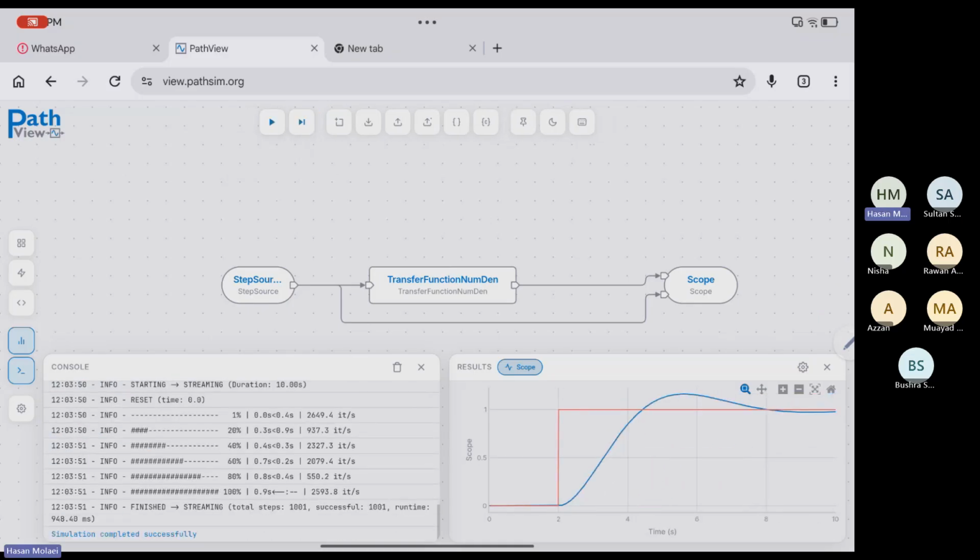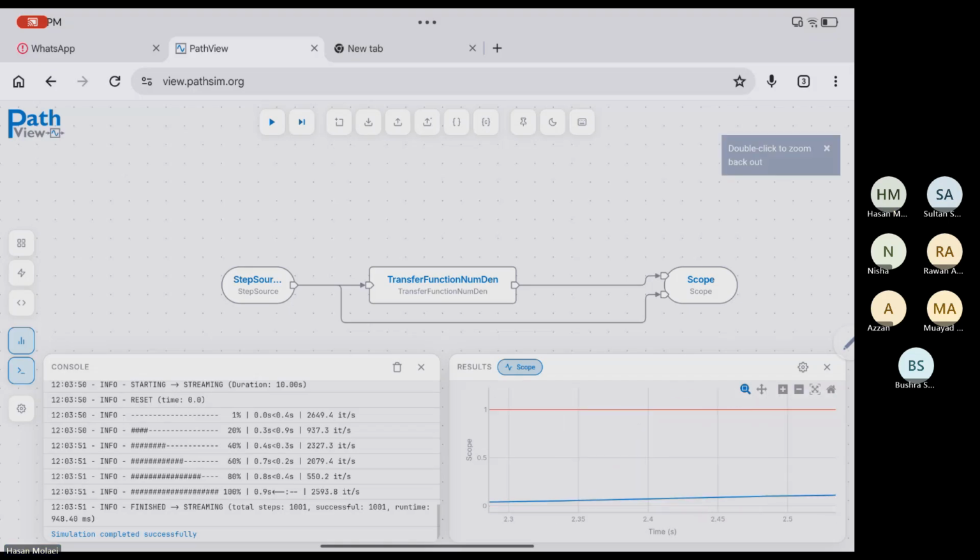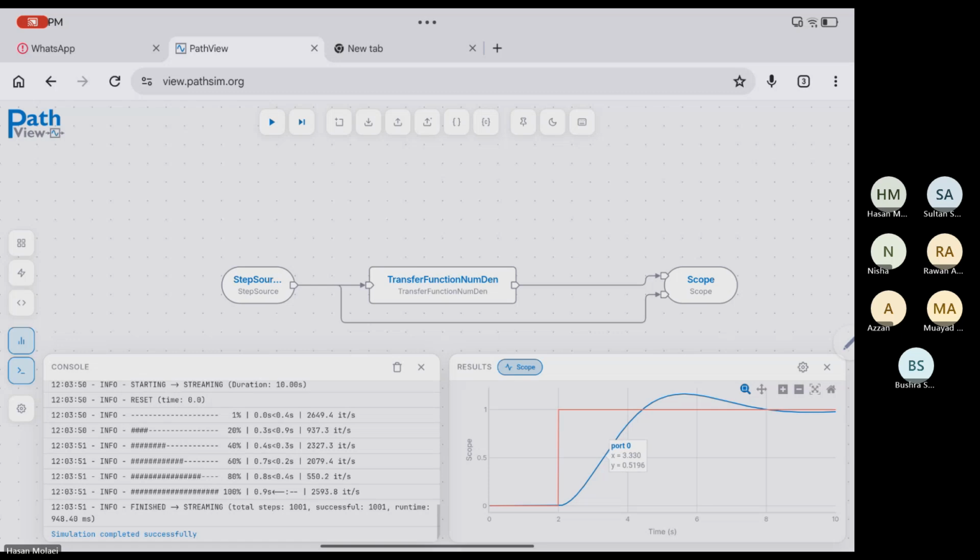I applied input here. And the output when it reached to 50% of its final value, how much is the X? It's almost 3, yeah. So how much is delay time? 1.3, yeah, it's true.